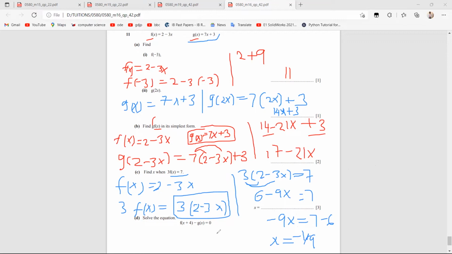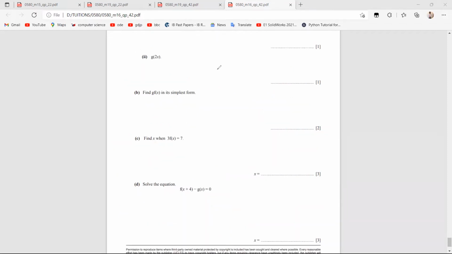I'll be having negative 9x equals 7 minus 6, which is how much? That's 1. Then I take 9 to the other side. Now negative 9 was multiplied with x. So if I take it to the other side, it becomes divided. So x becomes 1 divided by negative 9, which simply simplifies to negative 1 over 9. All right. Okay, guys, now let's look at part D of this question.